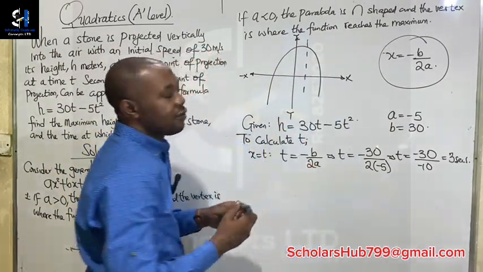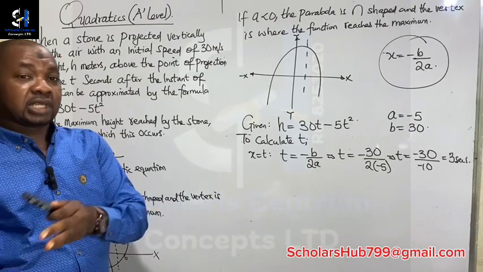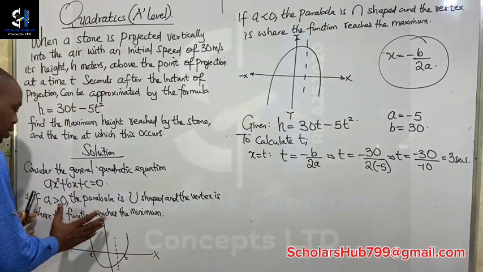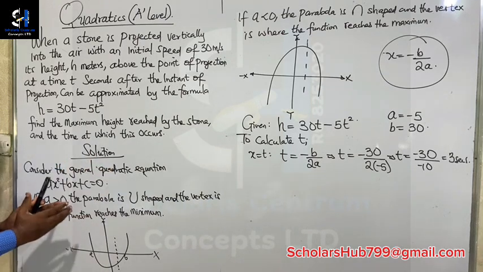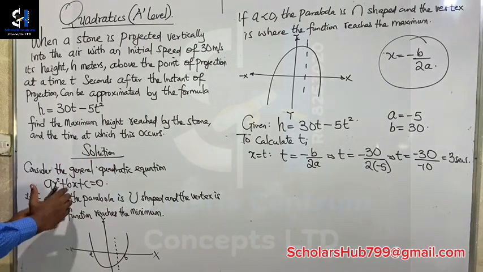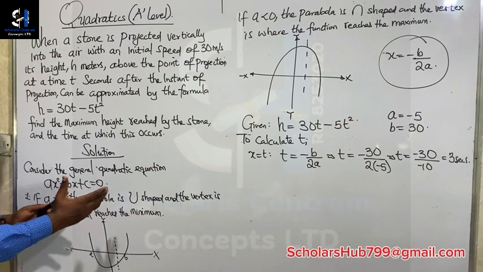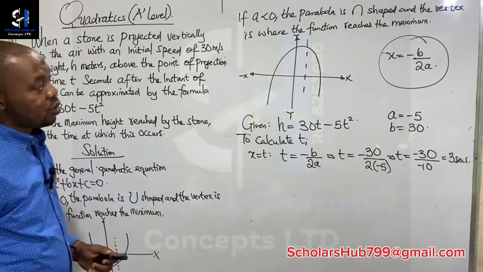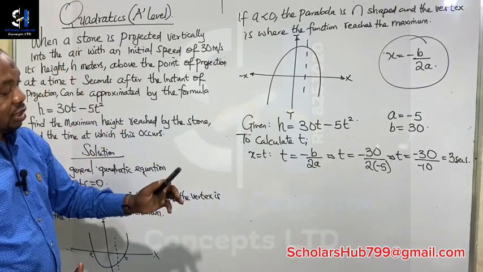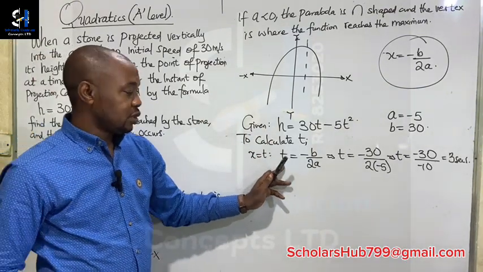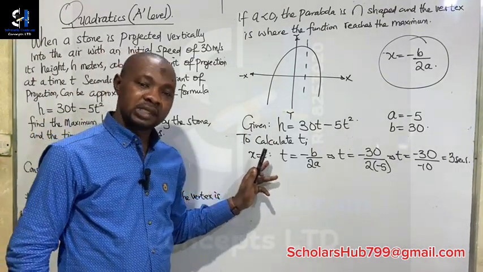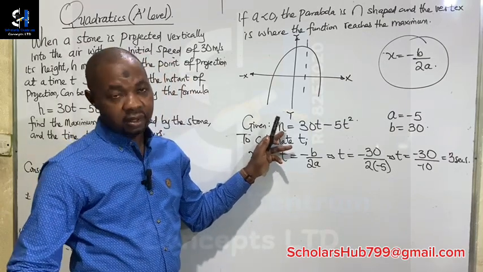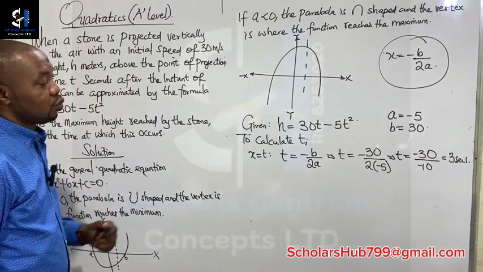This is a graph of height versus time, but because we are familiar with the general form of the quadratic equation, ax squared plus bx plus c equals 0, I have to use x, where x equals t and h represents y.